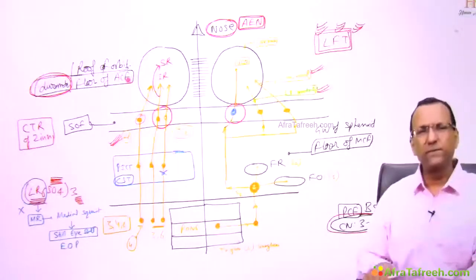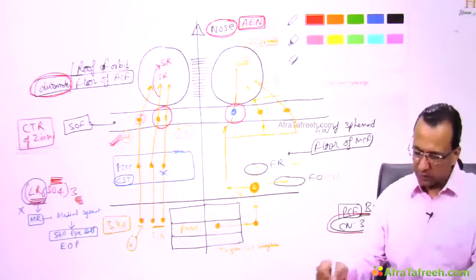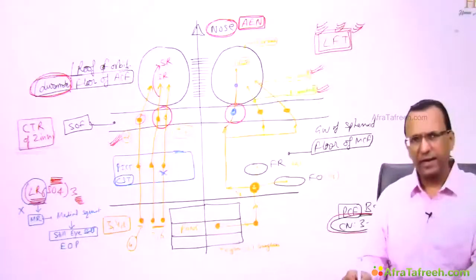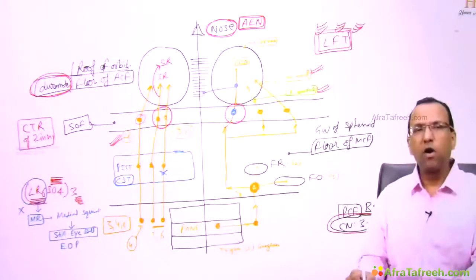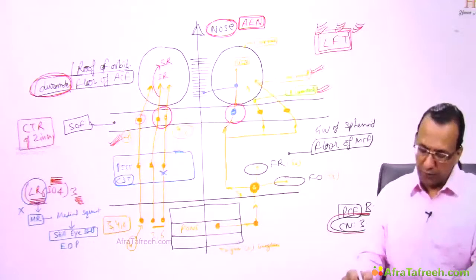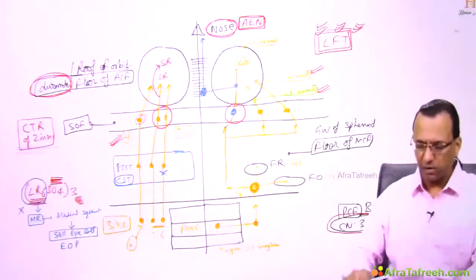Where did it come from? Let us see. It is actually a branch of the nasociliary nerve, given off in the orbit, coming out of the orbit to enter the floor of the anterior cranial fossa and then going to supply the nose. What is the course of the anterior ethmoidal nerve?